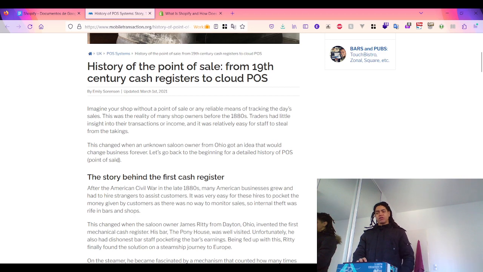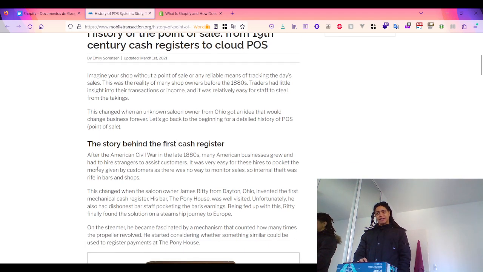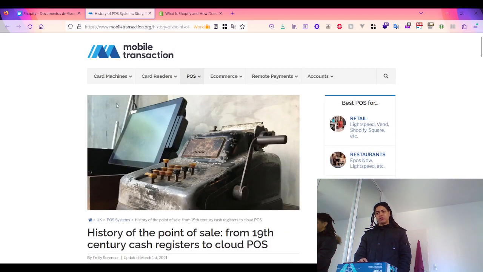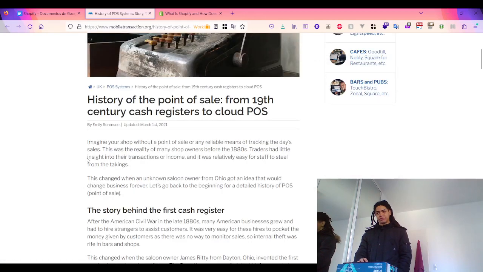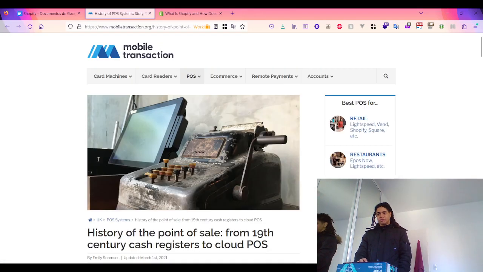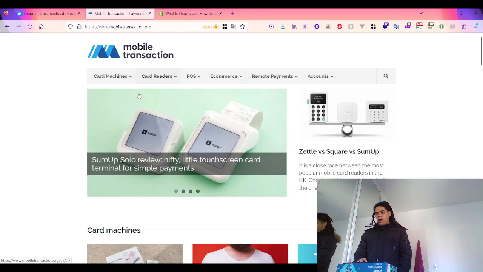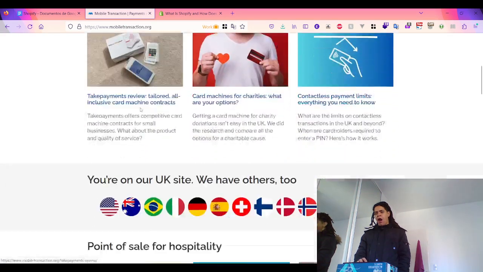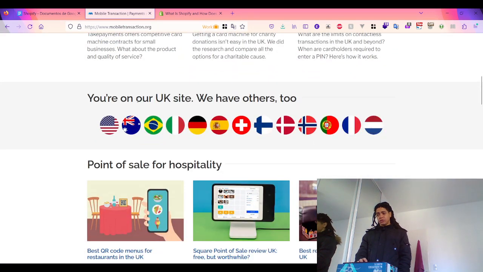So the history of the POS, according to mobiletransaction.org. Interesting. I didn't know that it was a website, mobile transaction. You are on our UK site. We have others too.